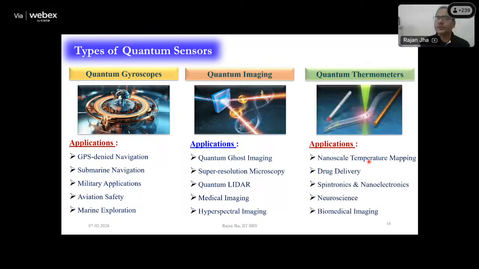Again, quantum thermometer, where you can utilize it. Please note, in future, when drugs get customized, you need to monitor those small drugs at the atomic level. You need to monitor how much the temperature changes when, let's say, it interacts with the nearby environment, either in the human body or outside.